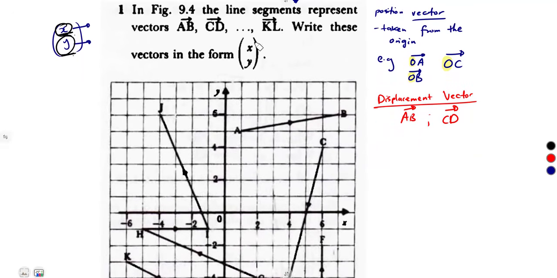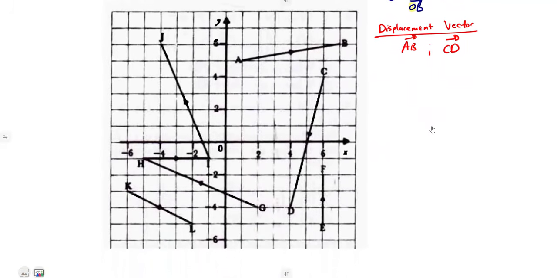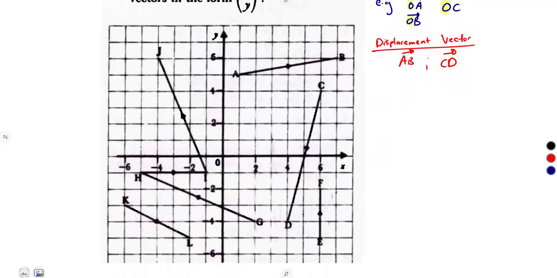That's a translation vector, a column vector that you're given here. So we are going to consider these line segments as we are given, AB and so on. So remember what I said about the movement in the X and in the Y. That is what we are simply given.